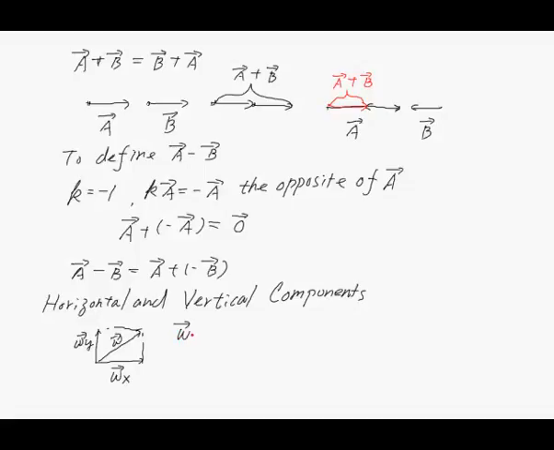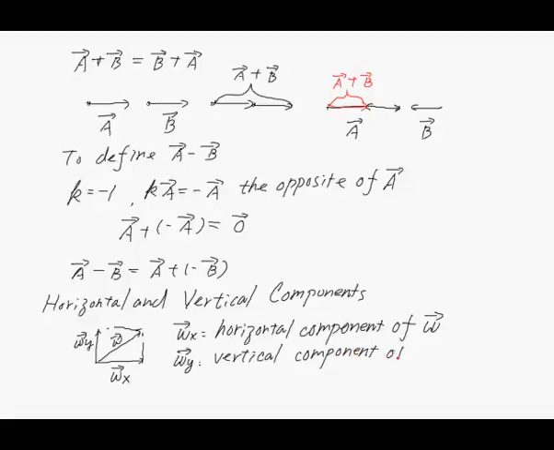So Wx, this is the horizontal component of vector W, and Wy, this is the vertical component of the vector W. And in this rectangle, we know a rectangle is also a parallelogram, right?